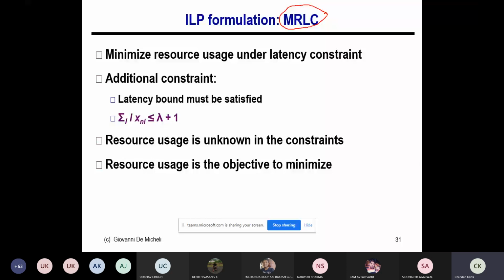That is what this formulation is. It is just the dual problem of the previous. Earlier one was MLRC, this is MRLC, right? What does it mean? Minimization of resource. I want to identify the minimum resource requirement given that the latency constraint is given.